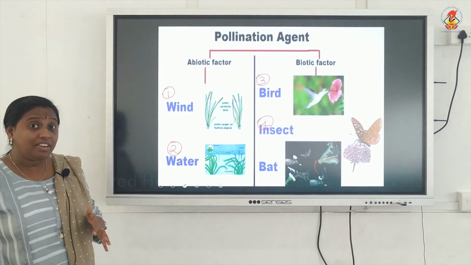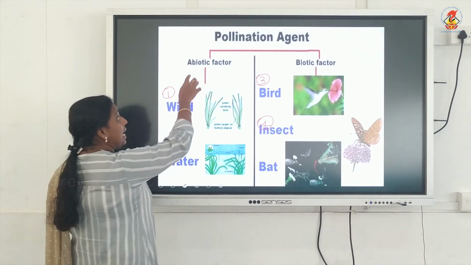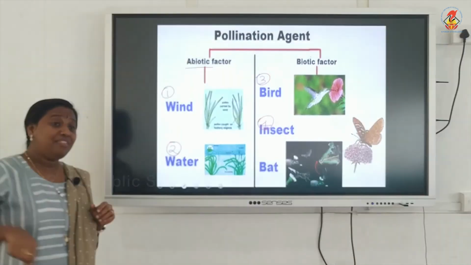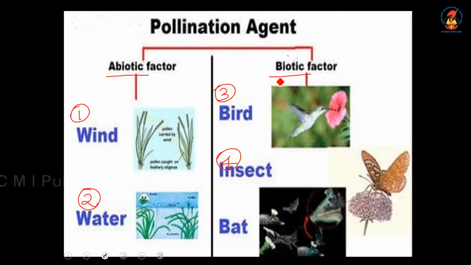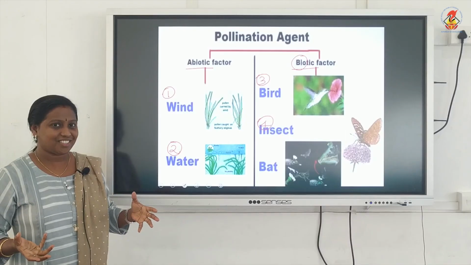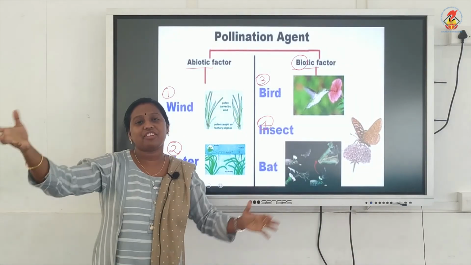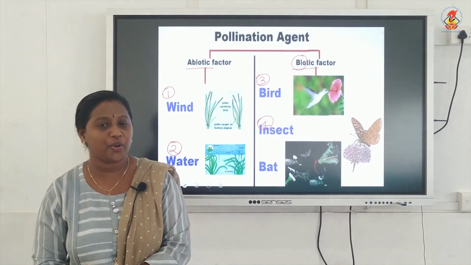Non-living agents are otherwise called as abiotic. Living agents are called as biotic. Bio means life, living. Biotic means living agents. Abiotic means non-living agents. Clear? So, these are the non-living agents, and the animals, insects, everything comes under living or biotic agents.